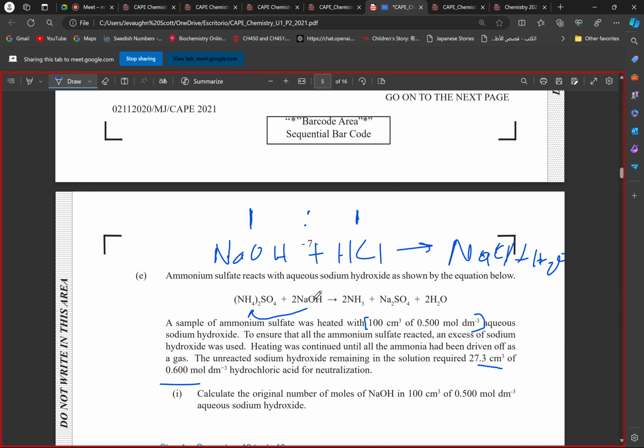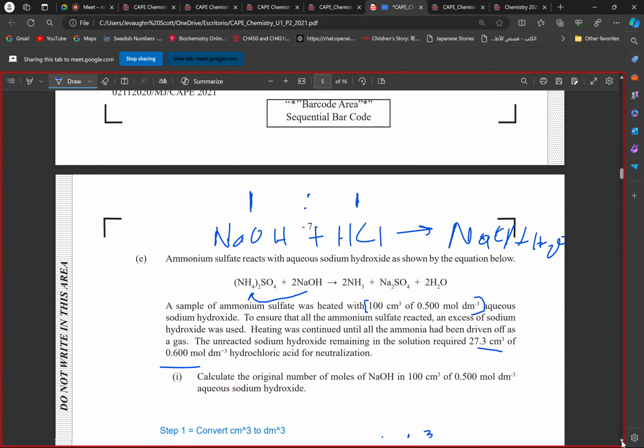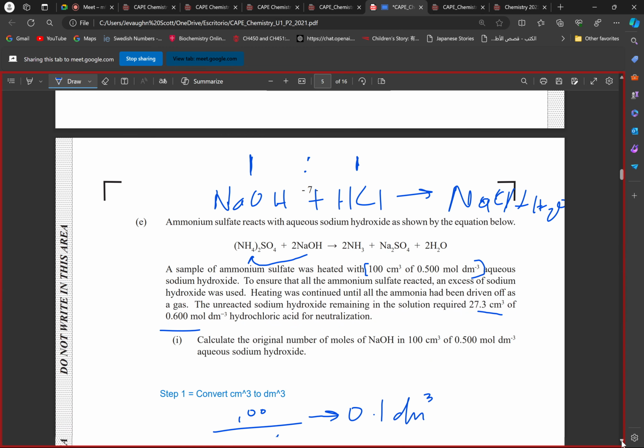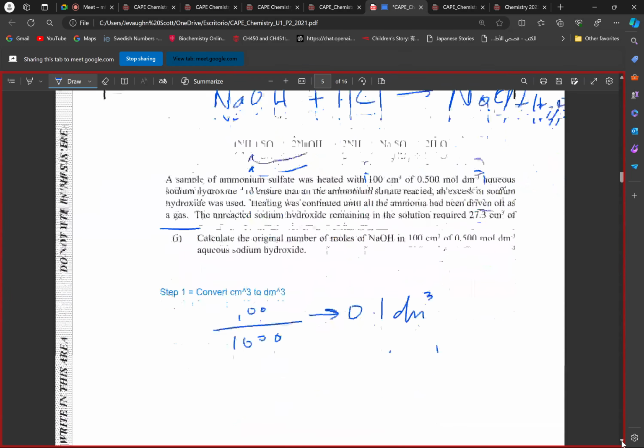Okay, no problem. And now what we're doing is looking at this. What are we going to be doing? We know how much unreacted sodium hydroxide was there. So do we just minus the unreacted from what has reacted? Yes, sir.